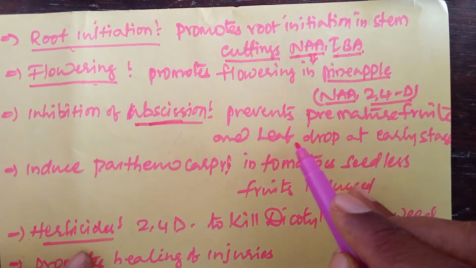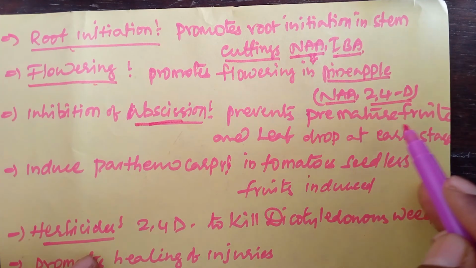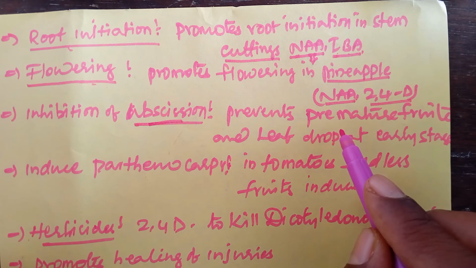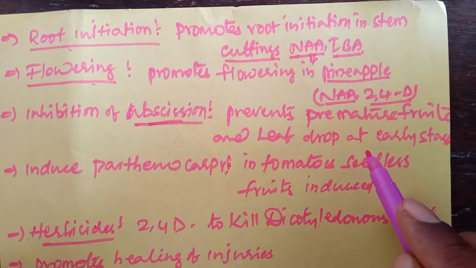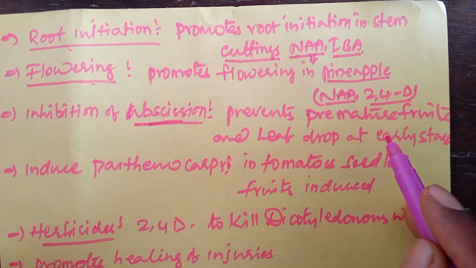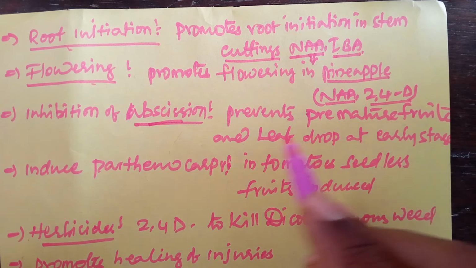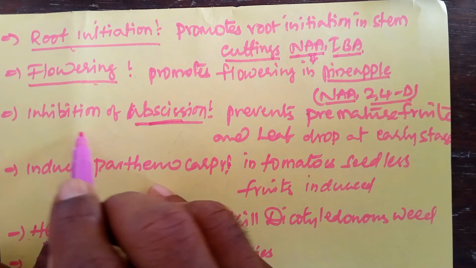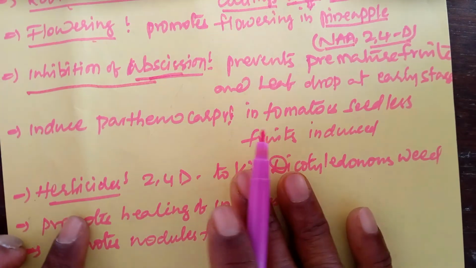Another function of auxin is inhibition of abscission. Abscission means fall of leaves and fall of premature fruits. When leaves or premature fruits drop at an early stage, that is called abscission, and it is prevented or inhibited by auxins. So this is a major function of auxins.